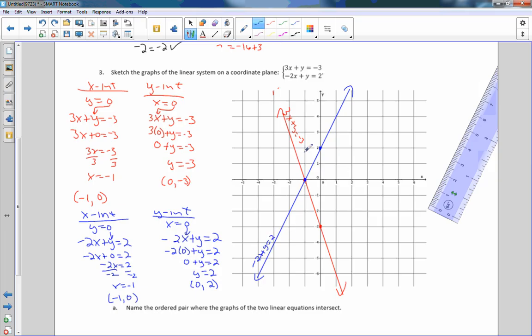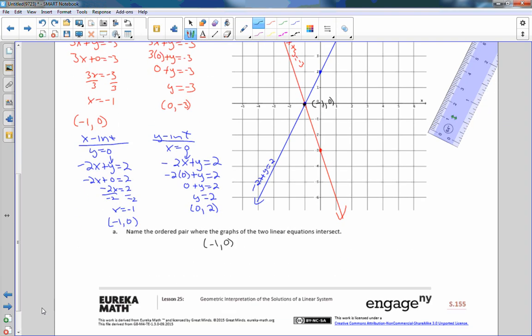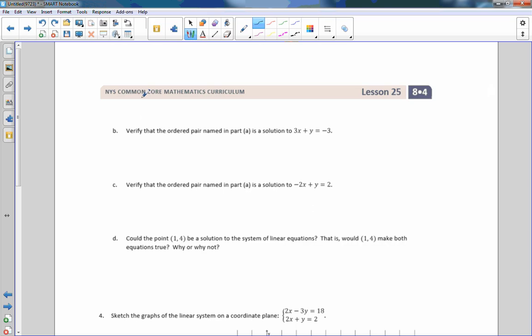I'm going to mark the intersection in black, and that is the point (-1, 0). So that's the ordered pair where they intersect, (-1, 0), and now they will probably want us to prove it by substitution. So I have the point (-1, 0). I'm going to write that here. (-1, 0) is my point.